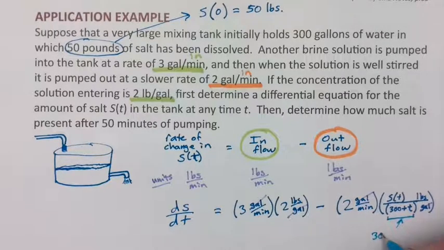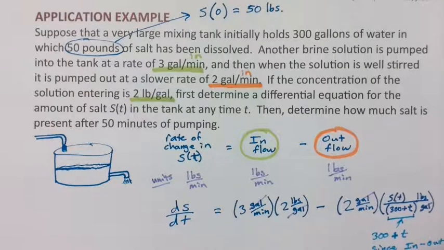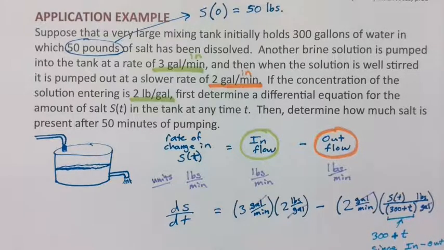The plus t comes from the fact that our in minus our out equals 1 gallon per minute. That flow is why the coefficient in front of the t is a 1, because it's 1 gallon per minute.